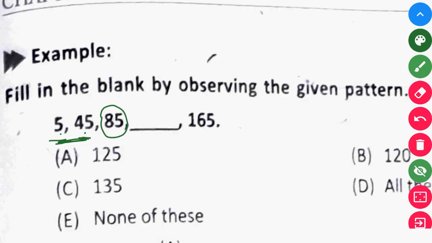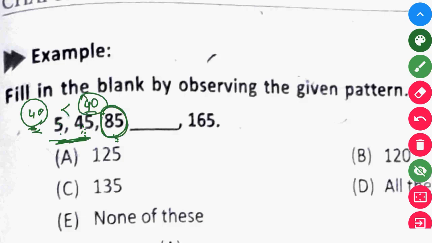Okay, what is another way of thinking? So 5, then 45, then 85. Now you can see what the difference is here. 5 is smaller than 45 by 40. Means if we subtract 5 from 45, we get 40. Is the same pattern followed here? 85 minus 45 is also 40.